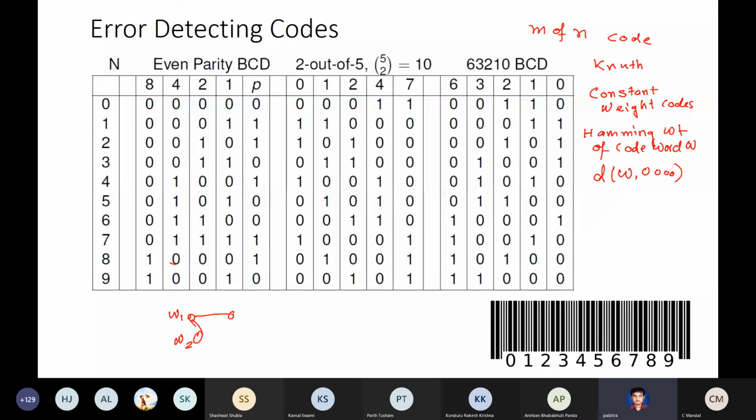It should convert it to an invalid code. Since this is a 1-bit error, another valid code should be at least 2 bits apart, greater than or equal to 2 bits apart. So that means a 1-bit error will not count. So similarly, if you have a k-bit error, this should be at least k plus 1 bits apart.